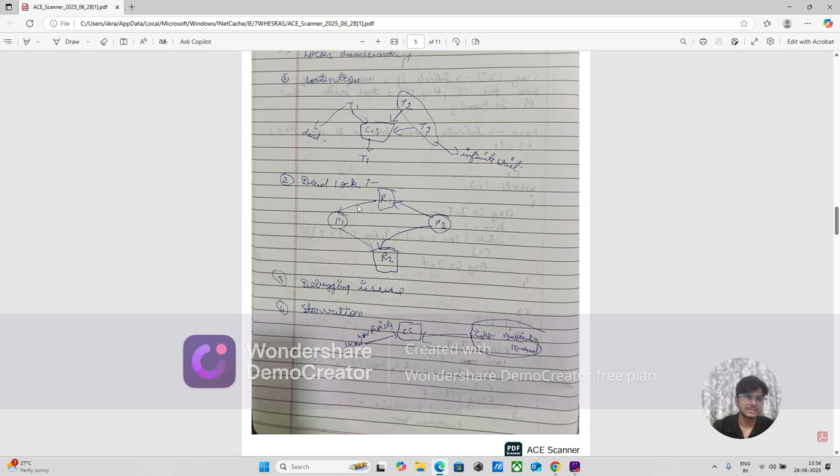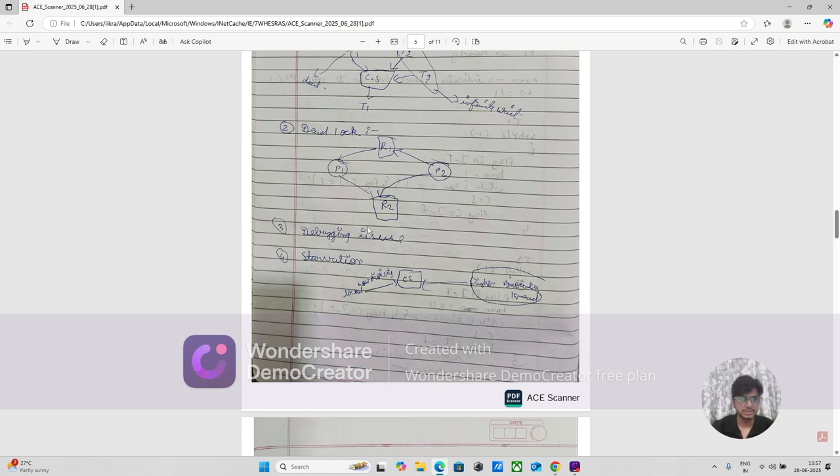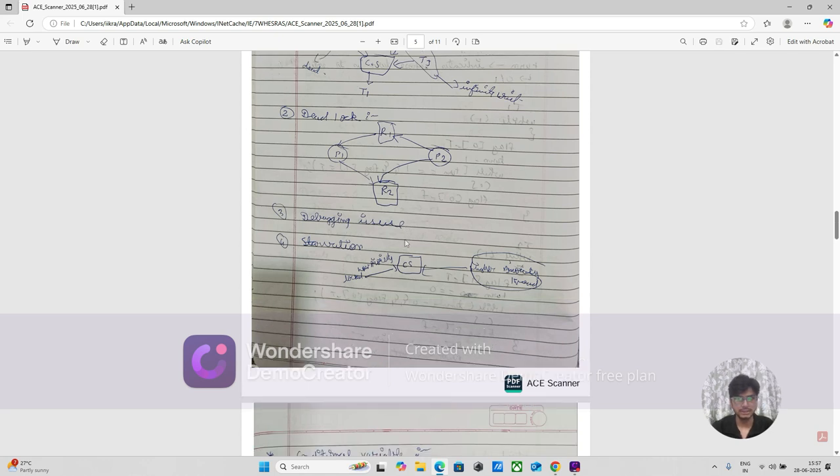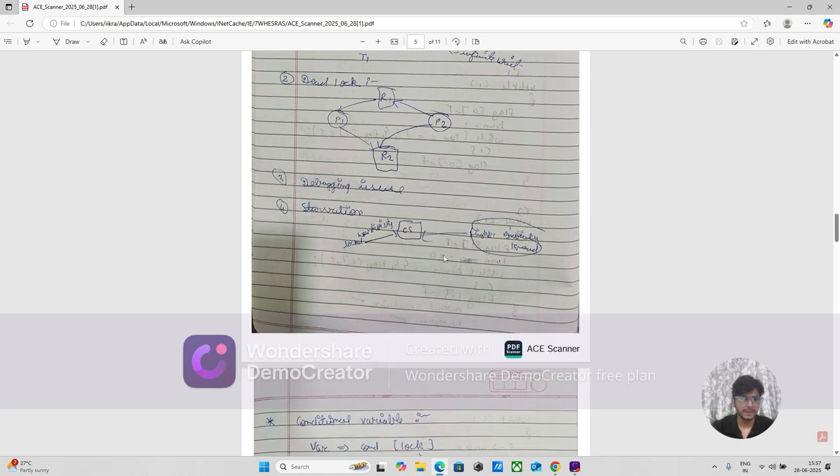So in that you can see there is an indefinite lock, because P1 is not releasing R2 and P2 is not releasing R1, and both need R1 and R2. In that case a deadlock will happen. Debugging is also a headache, and starvation will happen.